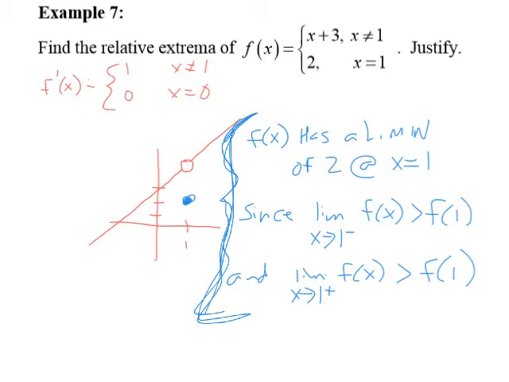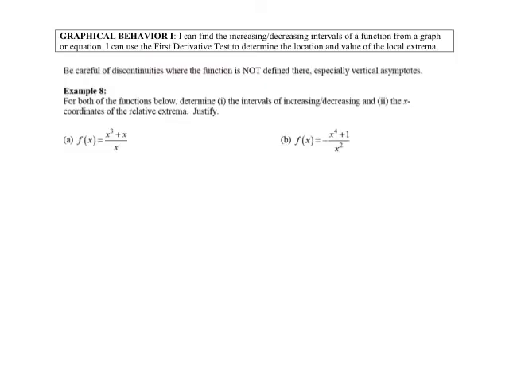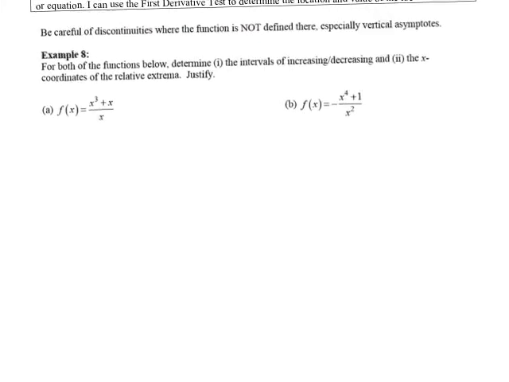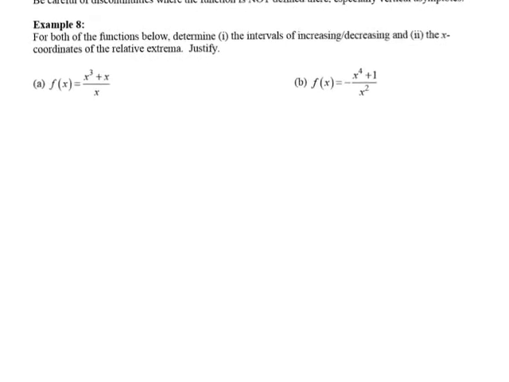So, okay, let's tackle example number 8, and then we'll be done. For example 8, I'm going to leave a lot of the upfront work to you, but we'll talk about the concluding statements together.